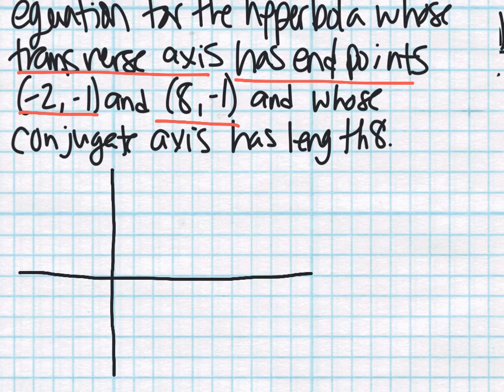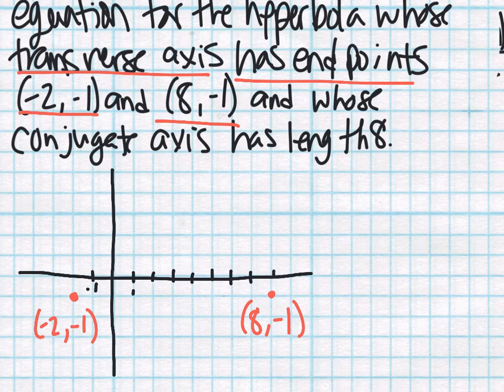I'm going to say my scale is in ones. So I'll put my points (-2, -1) and (8, -1). That is my transverse axis.